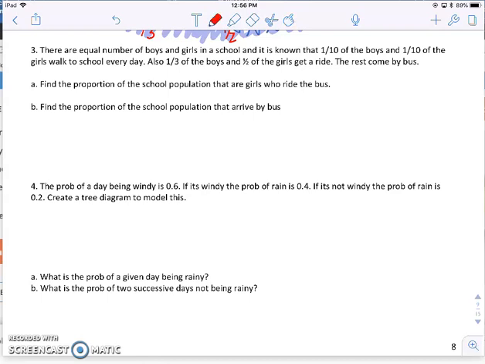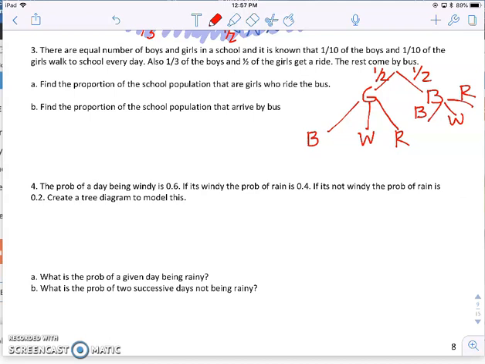So, I'm going to draw this way. A girl and a boy, and it's equal numbers. So here's our tree diagram with half. How could you come to school? You could bus, walk, or get a ride.